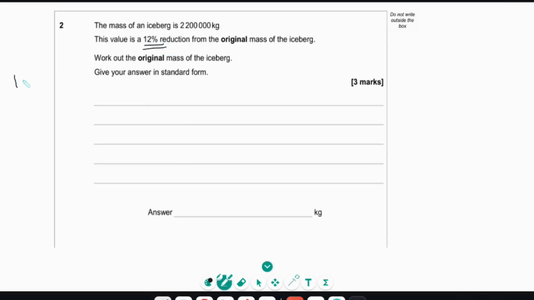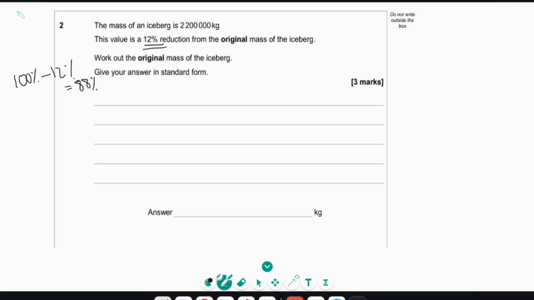A 12% reduction means that this 2,200,000 is representing 88%.